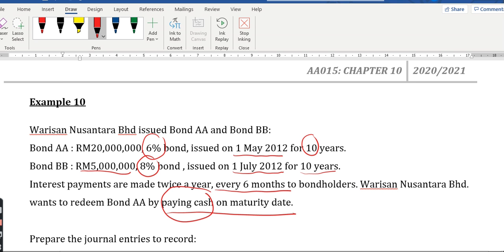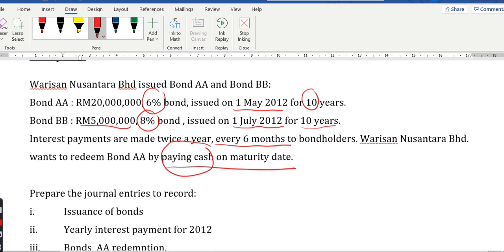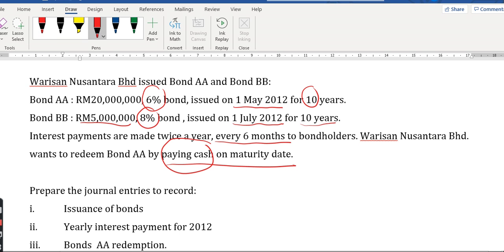So you look at bond AA. The date of the issuance is on 1st of May 2012.